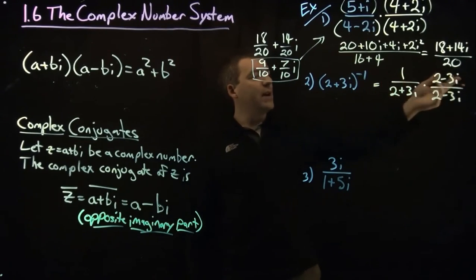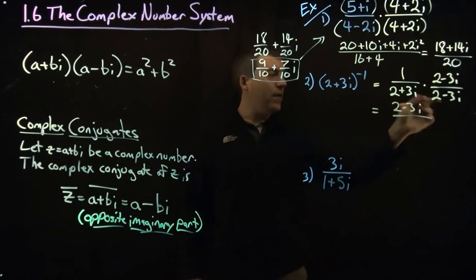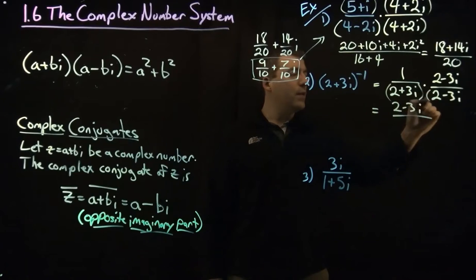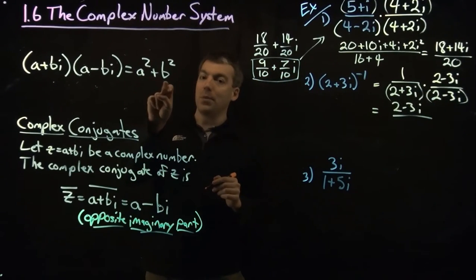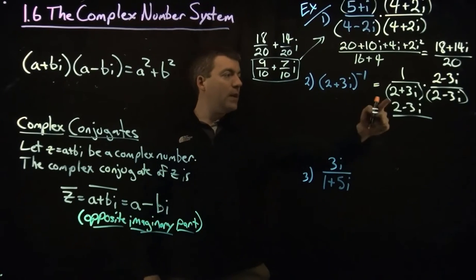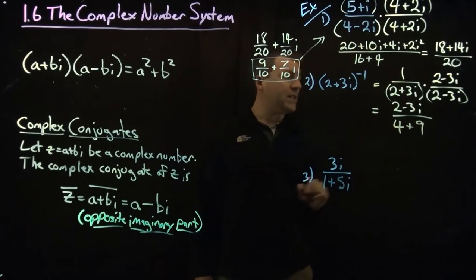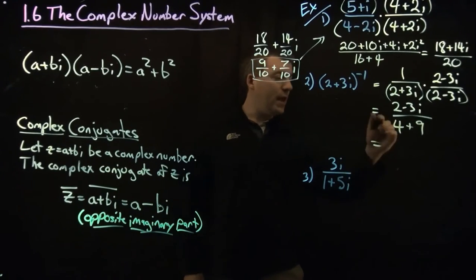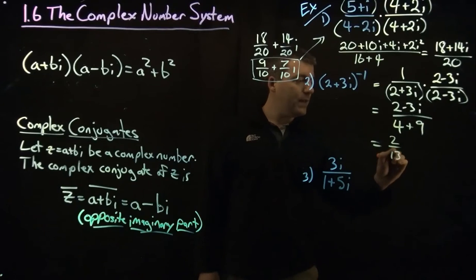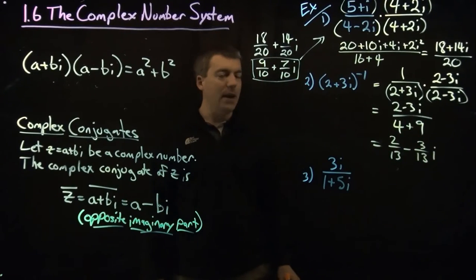Now 1 times 2 minus 3i is just 2 minus 3i. And the denominators are the product of complex conjugates, so we have the real part squared plus imaginary part squared. So 4, and the imaginary part is 3, plus 9, or 13. So the answer will be 2/13 minus 3/13 times i.